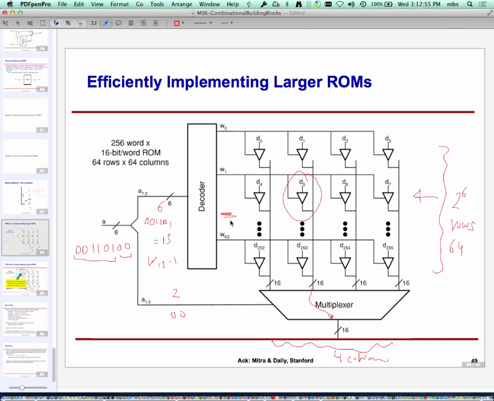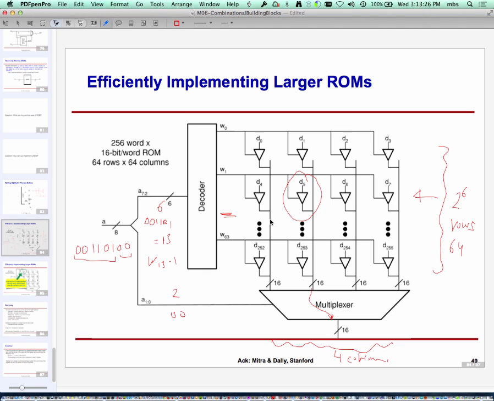So the tri-state buffers in that 13th row, the tri-state buffer here and the tri-state buffer here, will all see an enable of 1. Whereas tri-state buffers in all the other rows are going to see that their enable is 0. The ones which see an enable of 0 are cut off. The inputs of these tri-state buffers will now appear on the 4 columns.